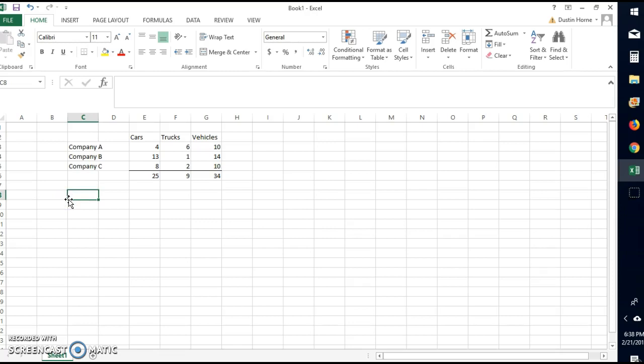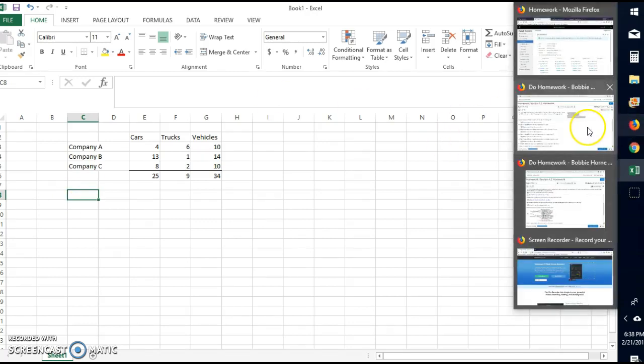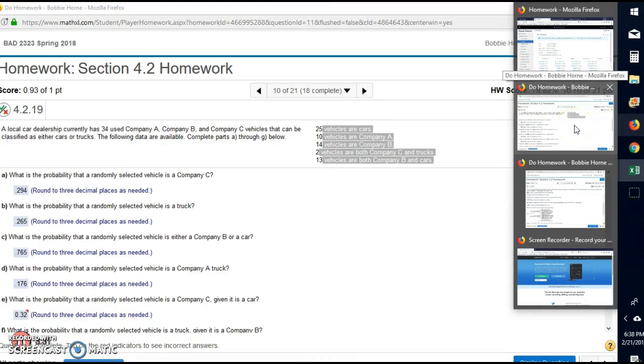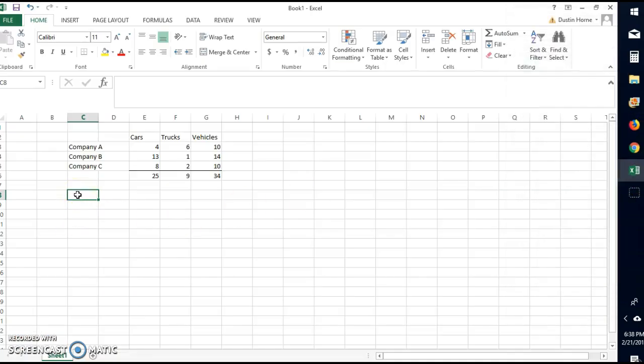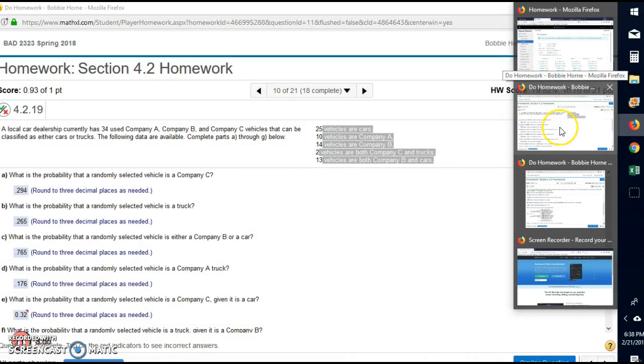So the first question I believe that was asked was, what is the probability that a randomly selected vehicle is a company C vehicle? Well, there are 10 of those, so you would do 10 divided by the total number of vehicles, which is 34, and so your probability would be 0.294.